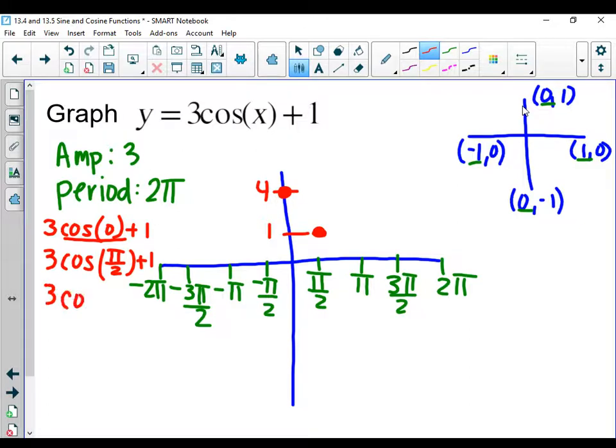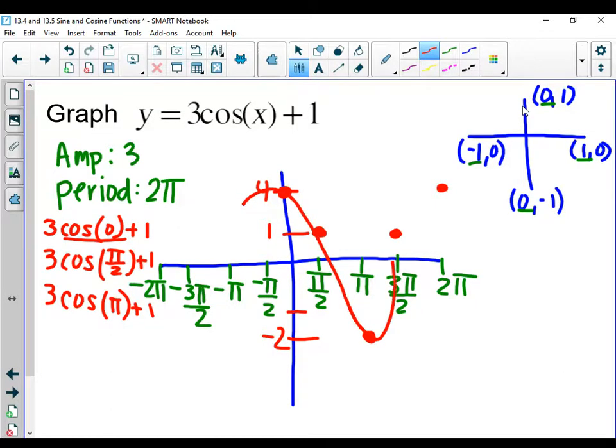If I plug in pi, what's cosine at pi? -1. -1 times 3? -3. -3 plus 1. I can plug in 3 pi over 2. Cosine of 3 pi over 2 is 0. 0 times 3 is 0, back up to 1. Now I can see how this pattern works. And I have my graph.